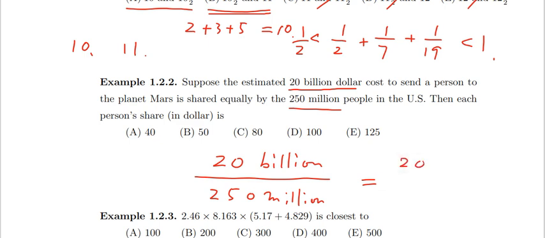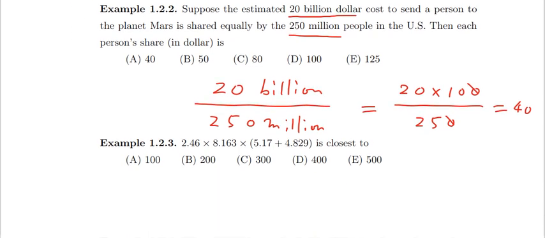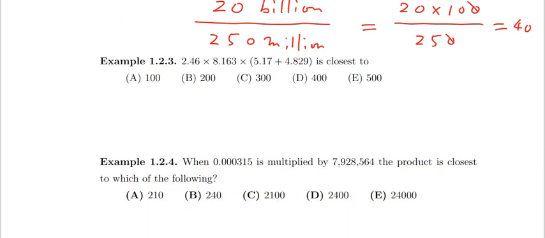So okay, we cancel 100 million and 250. This equals about 40, right? 4 or 40. So for those calculations, we just check this one.